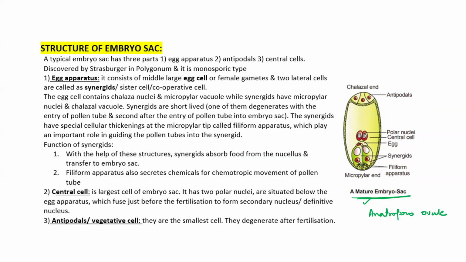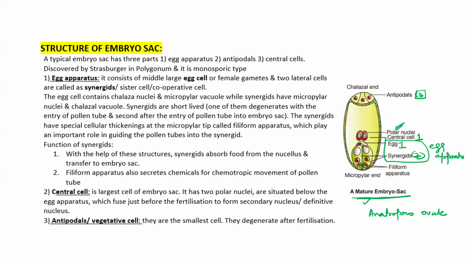Now, again, one egg cell and two synergids. All these three cells together are known as the egg apparatus. These are the antipodal cells, total 3 in number, and the central cell is 1 with 2 polar nuclei. Now listen carefully.